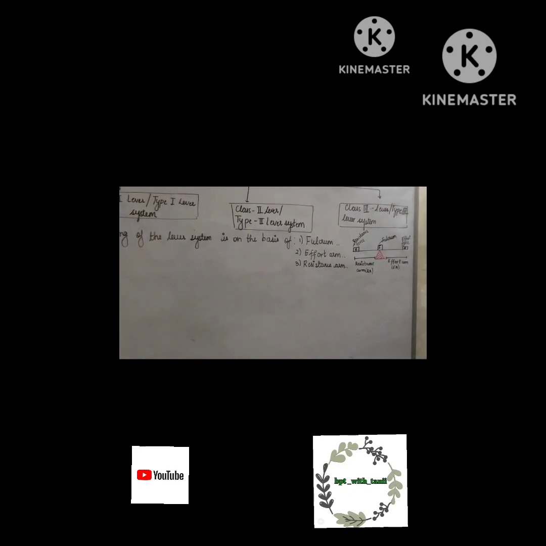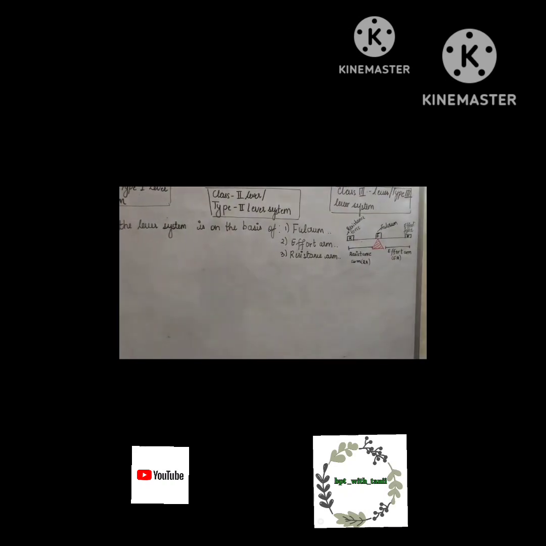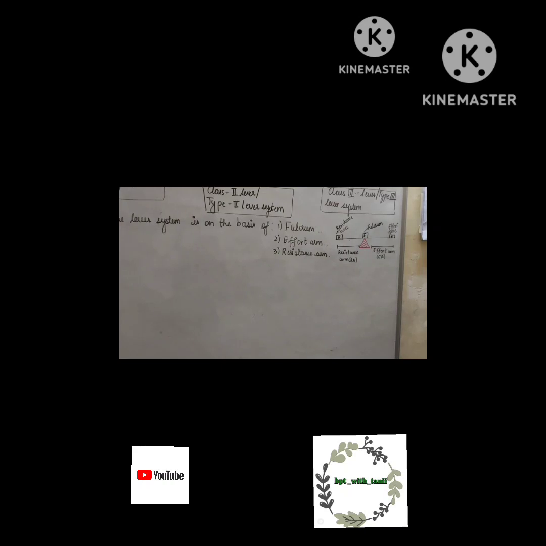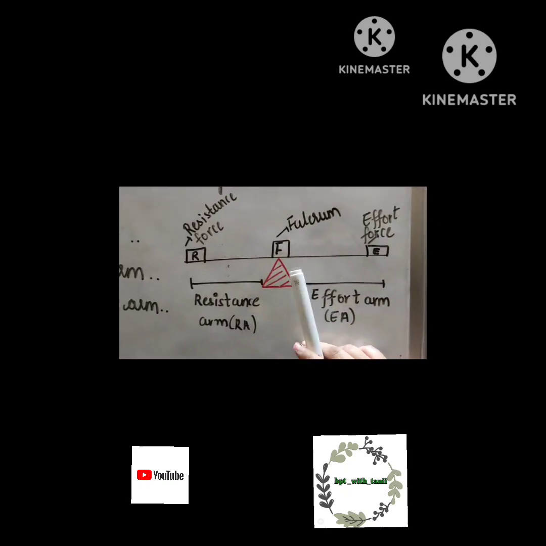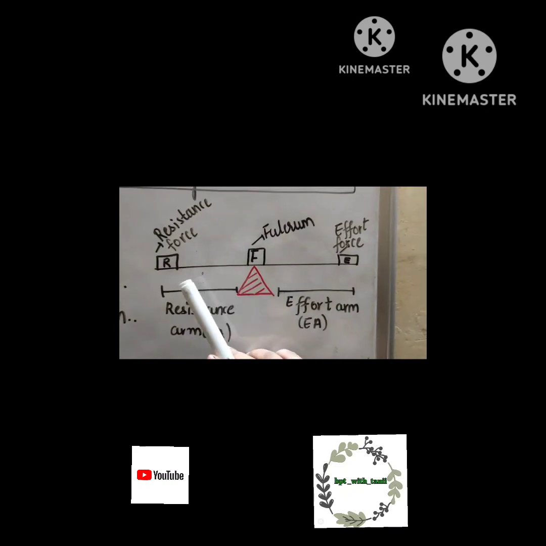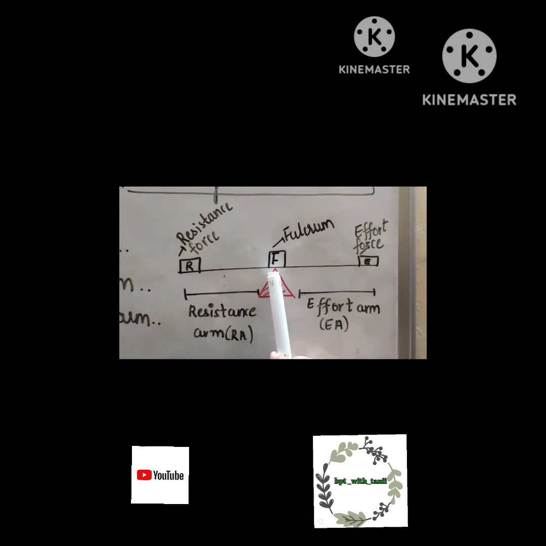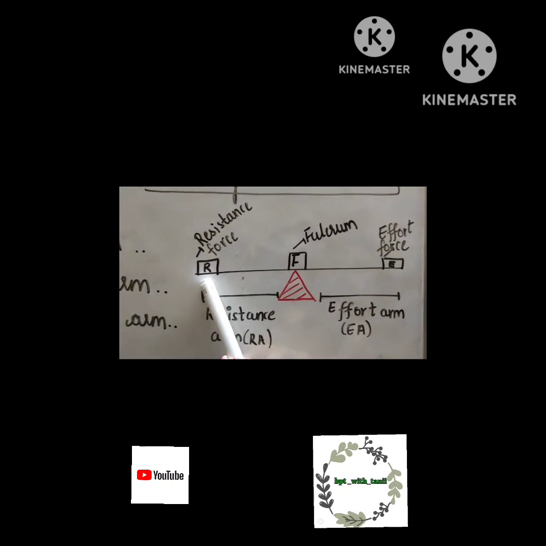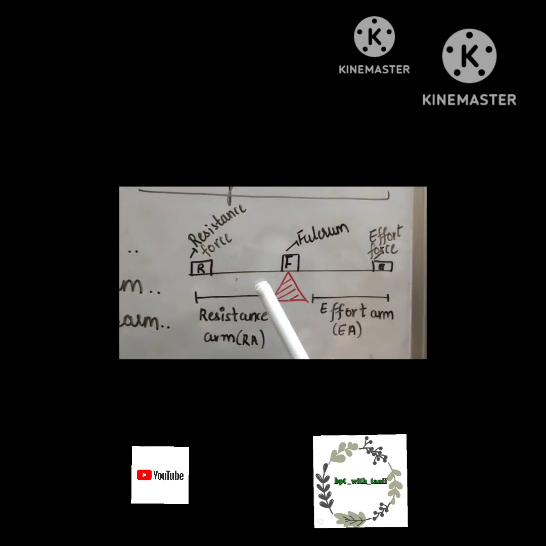So I want to tell you about the fulcrum, the effort arm, and the resistance arm. For a lever system, the arrangement is that there must be a fulcrum which is placed in between, at the joint. There is a resistance force, and there is an effort force.